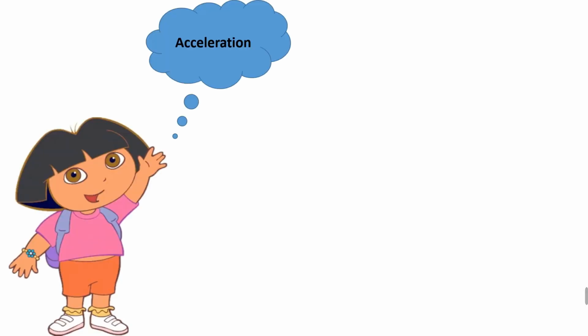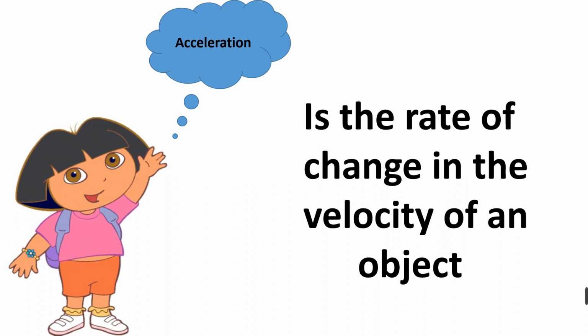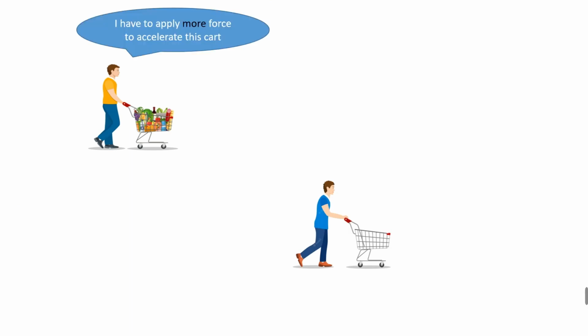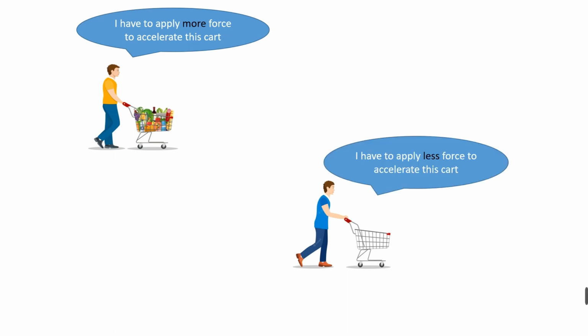To understand Newton's second law of motion, you first need to know what acceleration is. It is the rate of change in the velocity of an object. For example, here is a cart. In the first case, you have to apply more force to accelerate this cart. And in the second case, you have to apply less force to accelerate this cart.